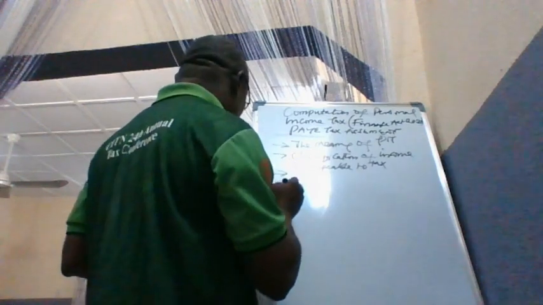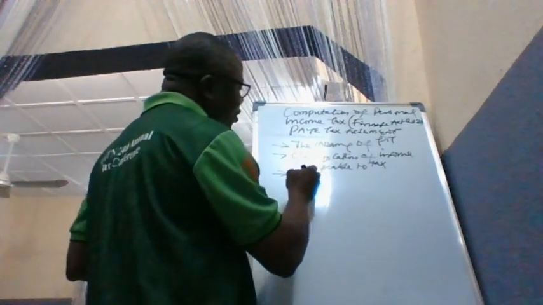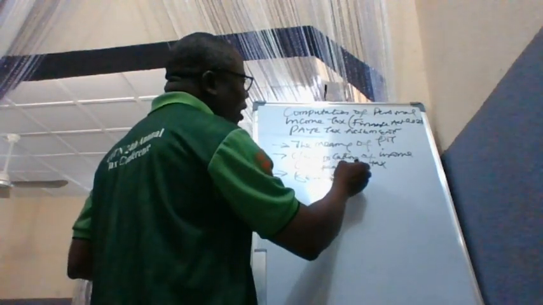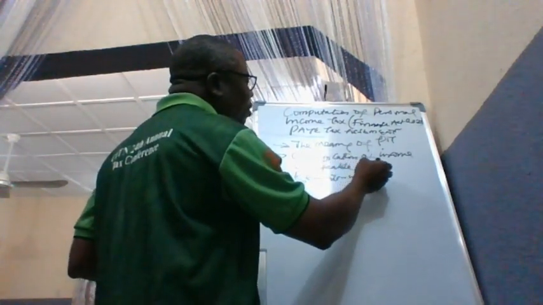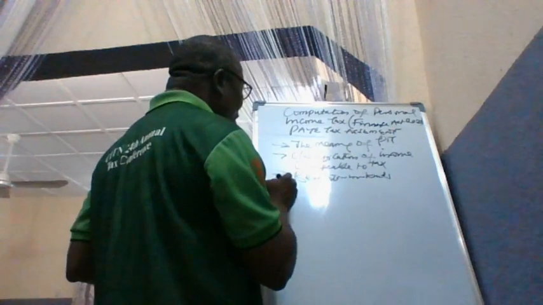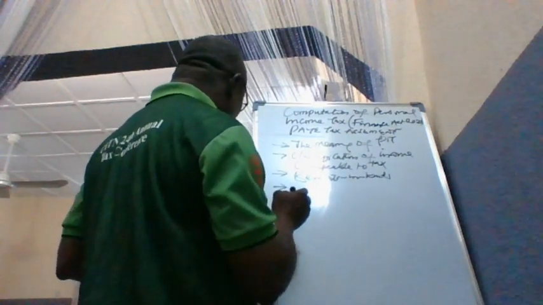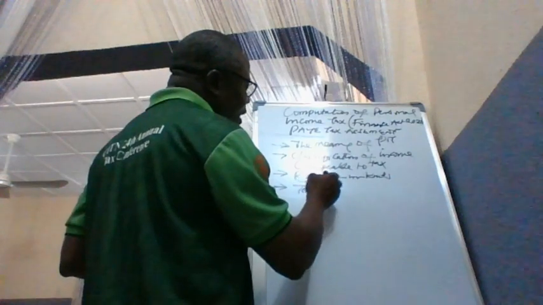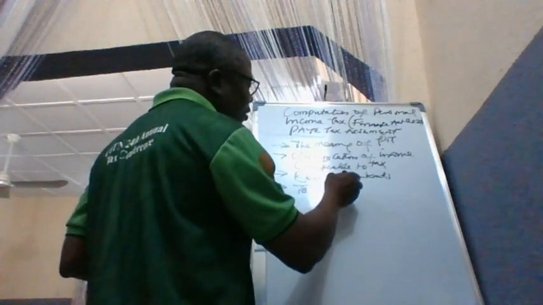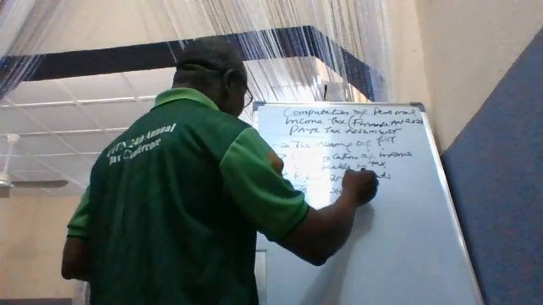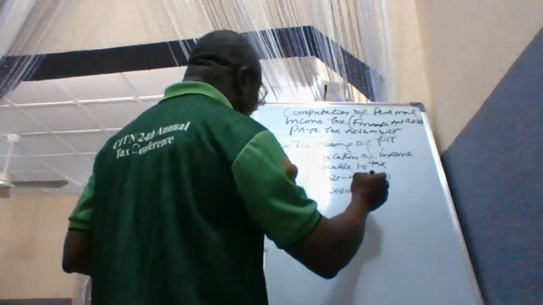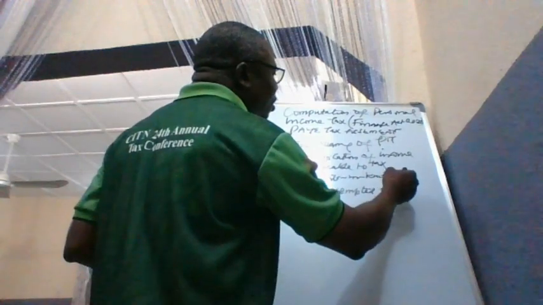Number three, look at benefits in kind. Number four, look at tax exempted deductions.